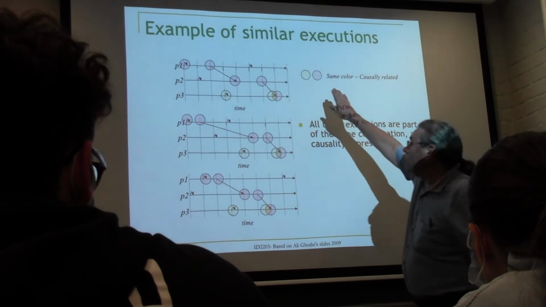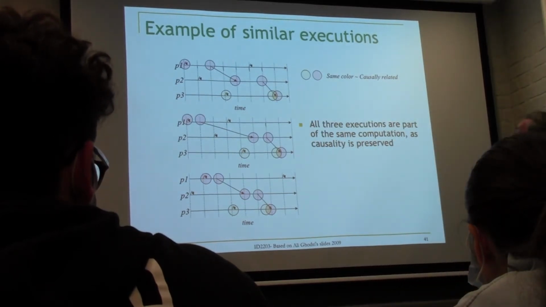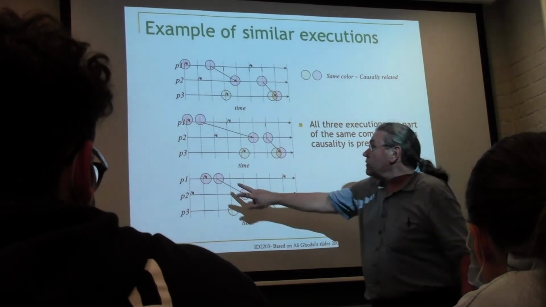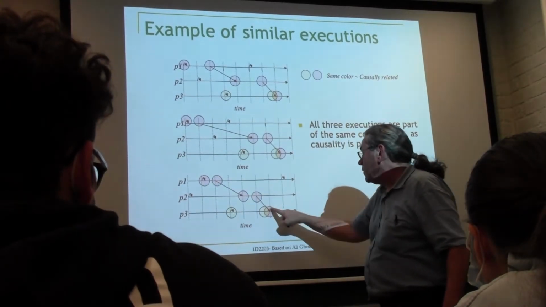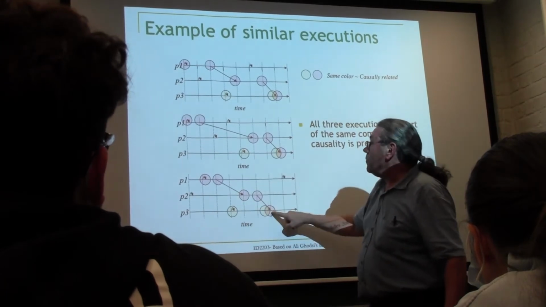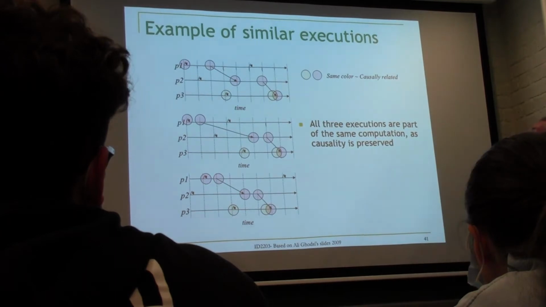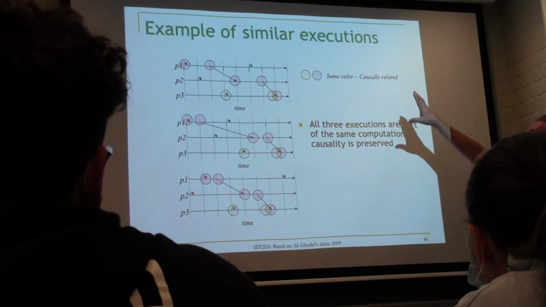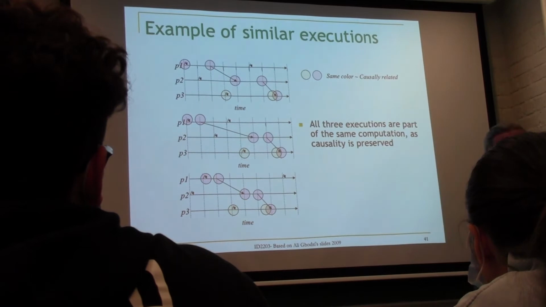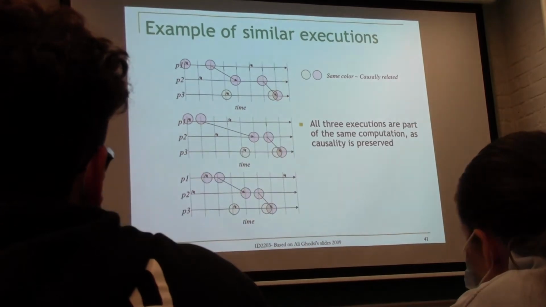Now these 3 executions have the same causal connection between the events. You can see the pink sequence here is the same, and this yellow one is the same, but the events can be changed, and there are more possibilities. So all of these 3 executions are going to compute the same thing. We say they're part of the same computation.